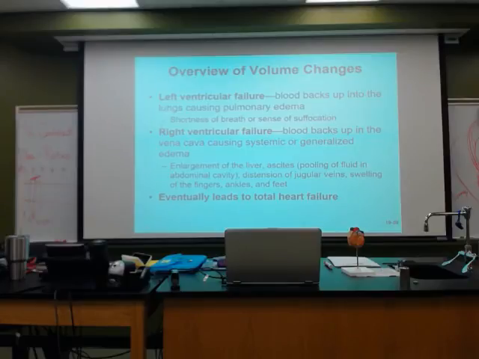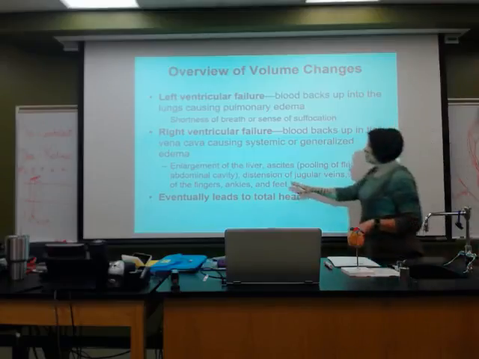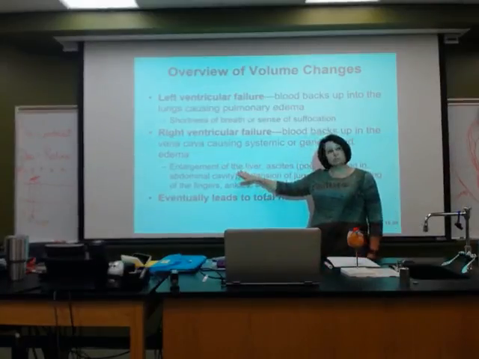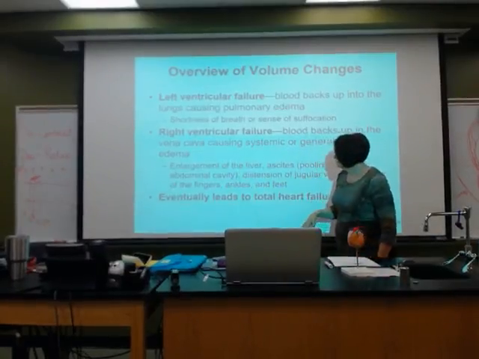So what is that going to do? It's going to cause either something in the system to become edematous or a generalized edema, a swelling all over the body. This could be due to enlargement of the liver, someone who has liver disease.